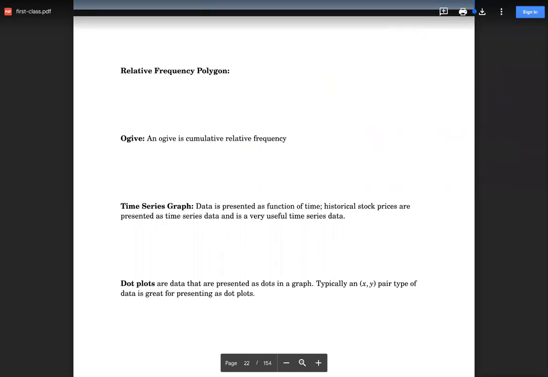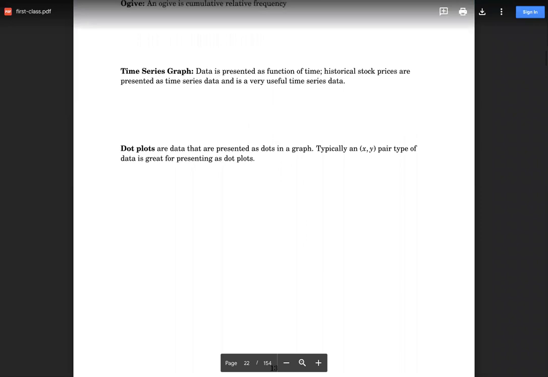Next, we're going to talk about time series data. Okay, so this is a great example. Time along the horizontal axis, and maybe on the vertical axis you're going to put stock price.